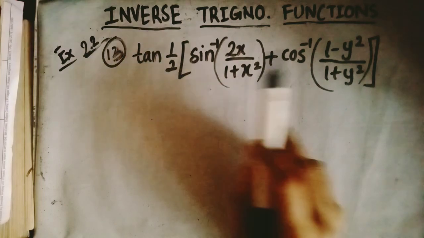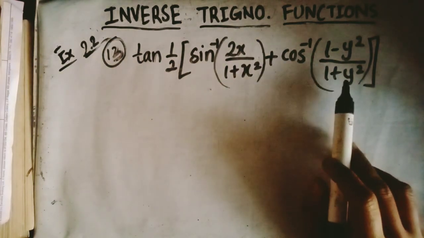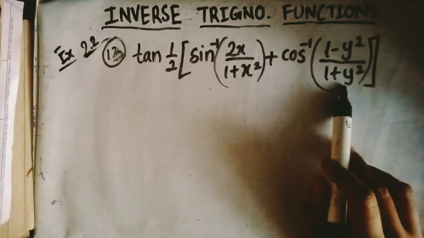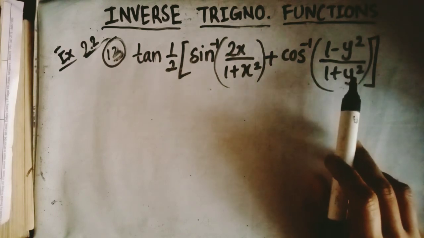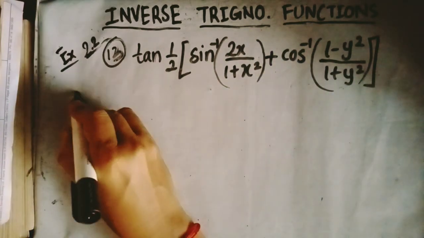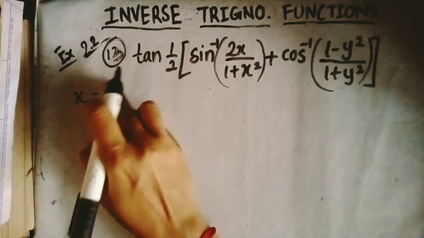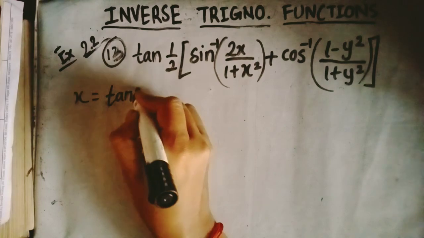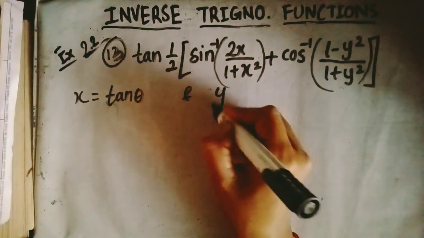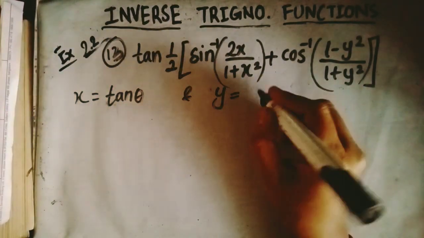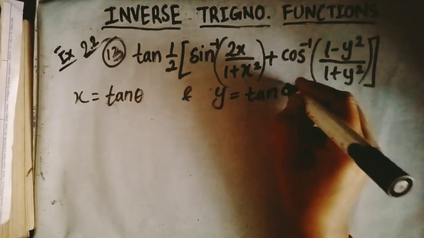Similarly for y also, you will get the cos 2 theta formula, that is a trigonometric identity. So substituting x equal to tan theta and y equal to some other angle, you have to take tan phi.